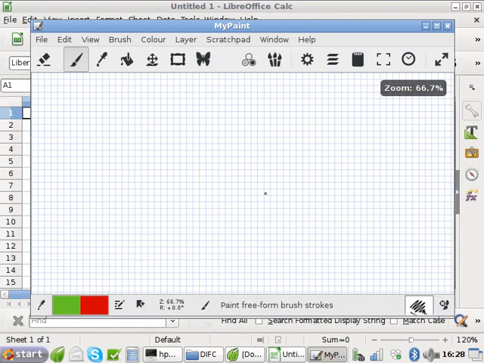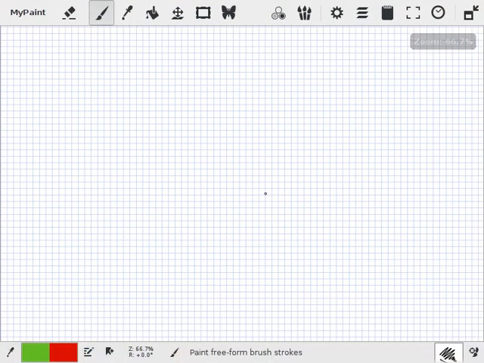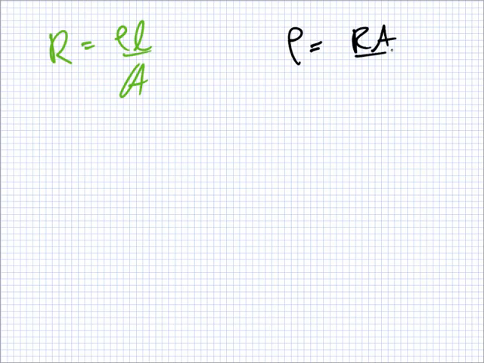Now, if you want, you can try and remember the formula and derive the definition from the formula. So you have R equals rho L over A. What are you looking for? It's the rho, resistivity, and that's equal to RA over L. Okay.